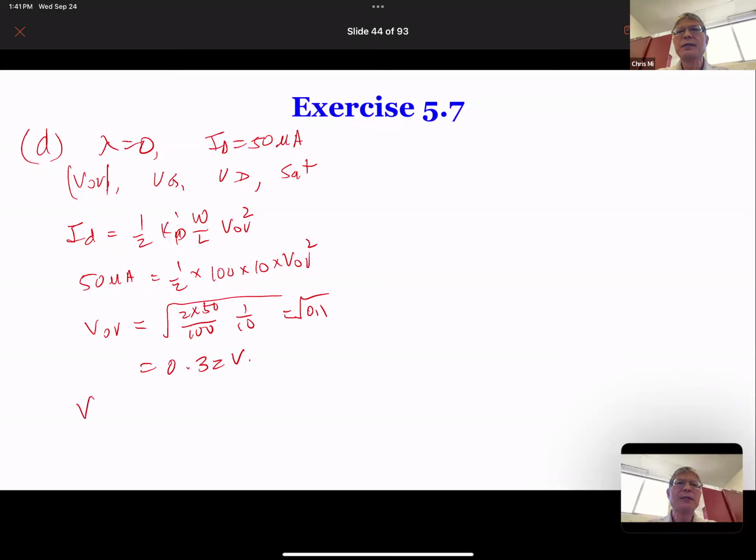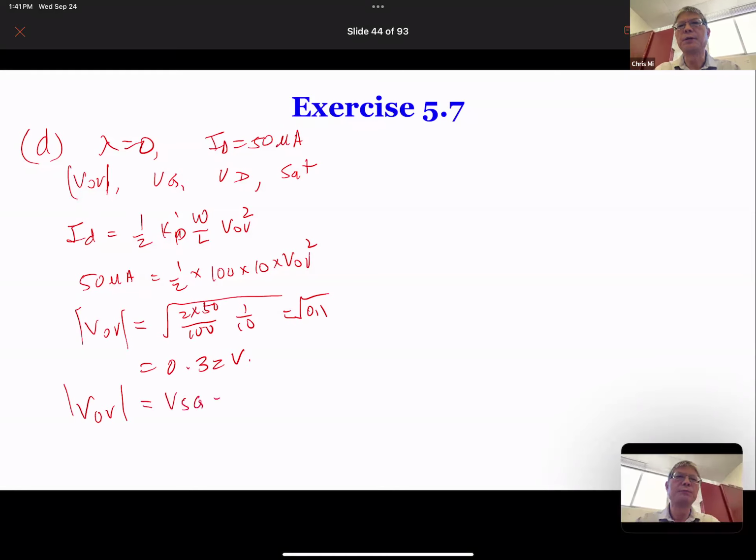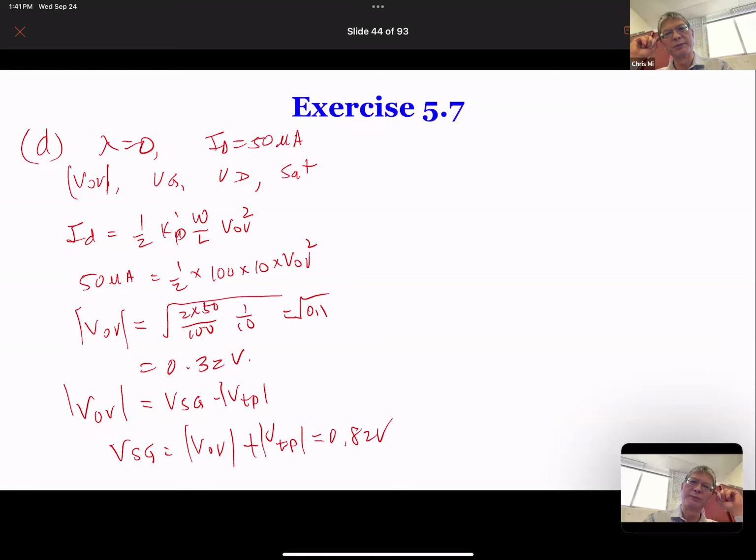Now we know that VOV equals VSG minus VTP, and VTP is given as 0.5. So VSG will be equal to VOV plus VTP, which is going to be 0.82 volts. VOV is 0.32, VTP is 0.5.